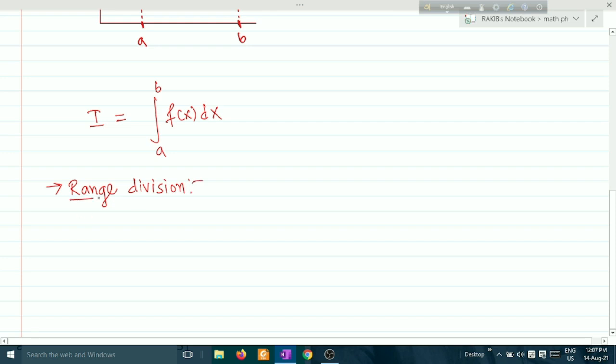What is the range division? Let the range be divided into n equal parts.